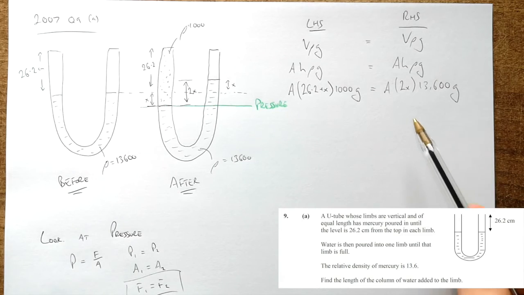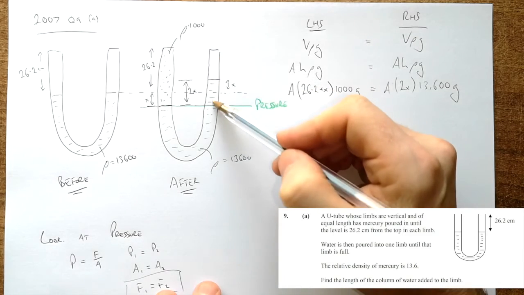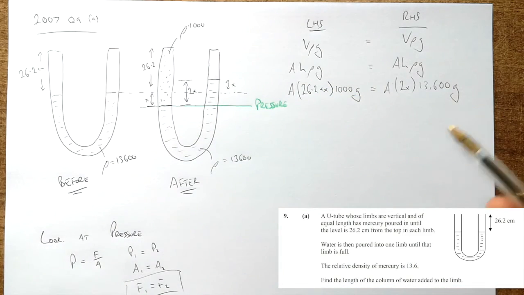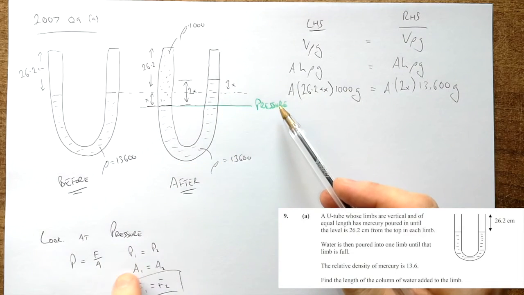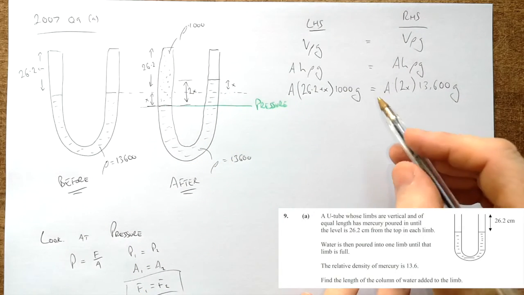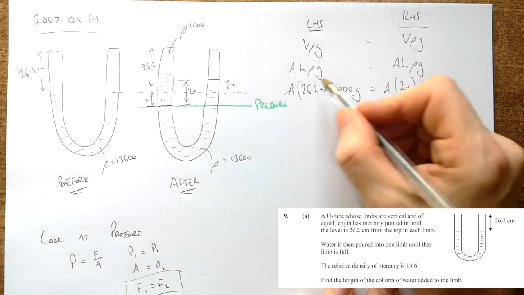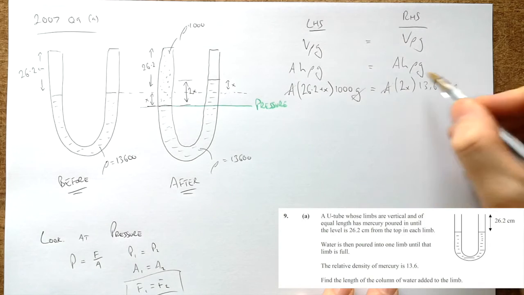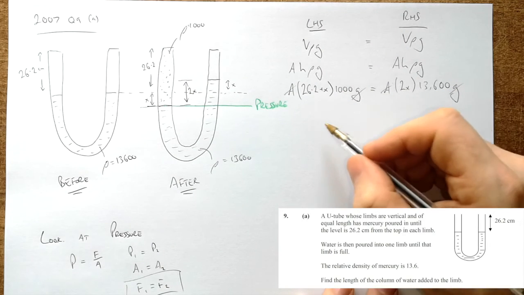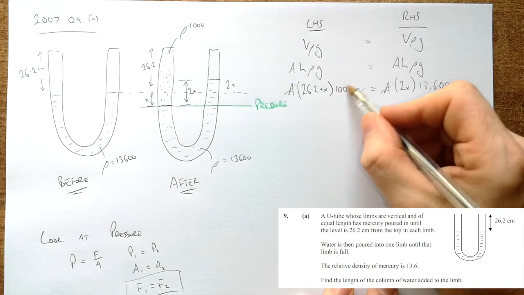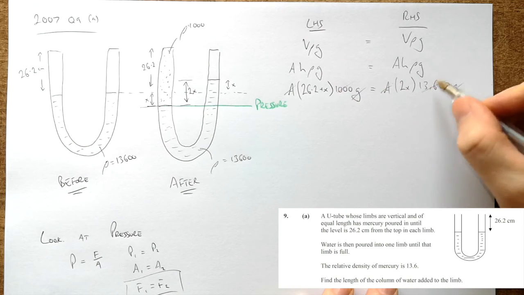So now that we have this laid out, we're looking at the force pressing down at each point. Strictly speaking, we're measuring the pressure, but like I said, the area is the same, so it cancels out to the force. Let's cancel out a few things here. The area can go each side, and g can go each side. Actually the 1,000 can go, and that becomes 13.6.